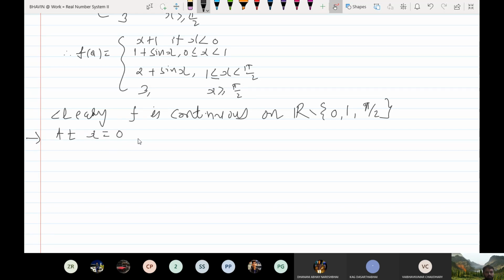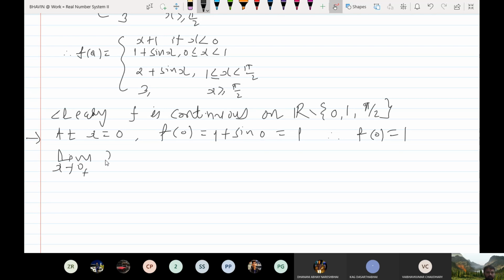Let's check at x equal to 0. What is f of 0? f of 0 means this, 1 plus sin 0. Sin 0 is 0, so f of 0 is 1. Now let's find the left limit and right limit.